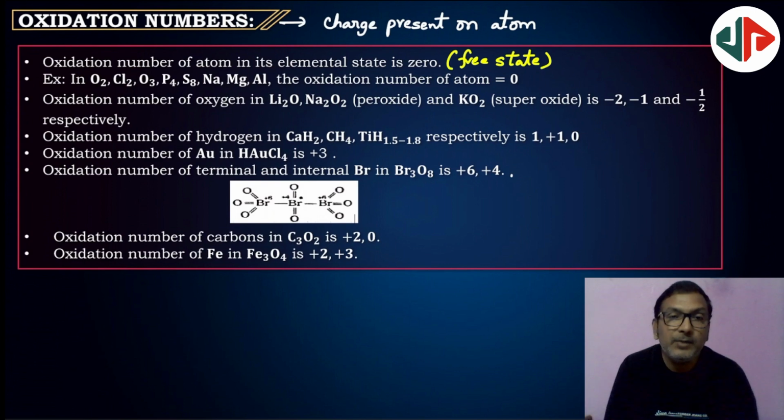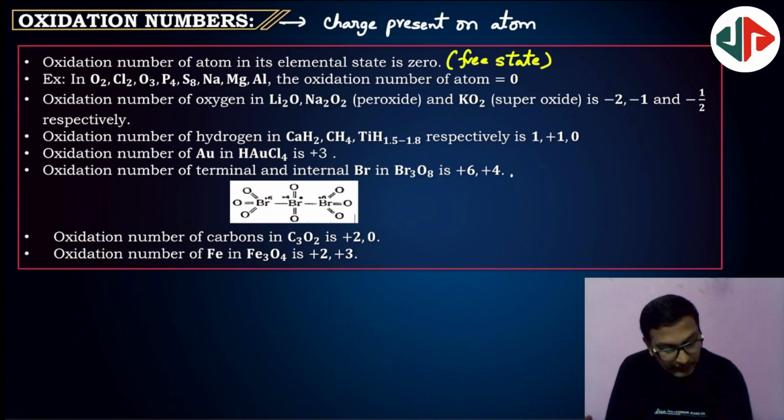Next, the oxidation state of an atom in molecular form is also 0. Elementary state or molecular form, oxidation state equals 0. These are molecular forms: O2, Cl2, O3, P4, S8. These are elemental forms. Oxidation state is 0. Next, oxidation state of oxygen.